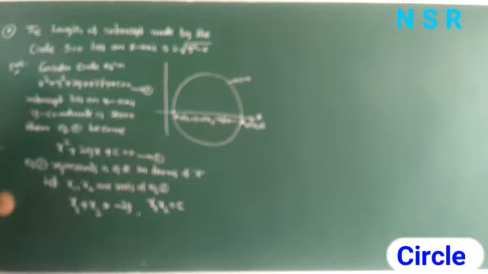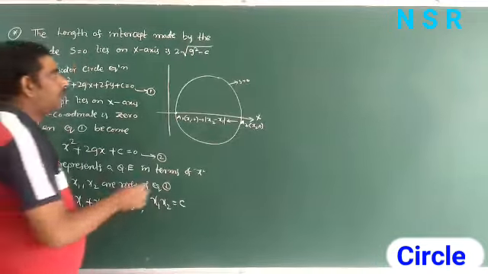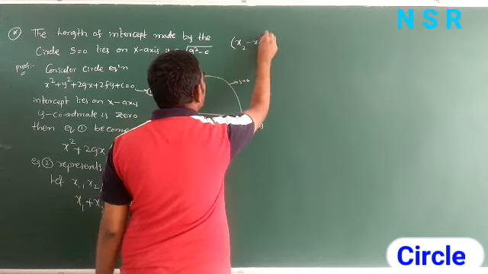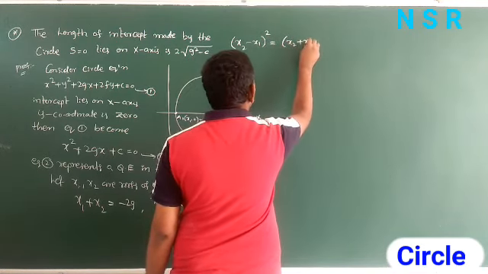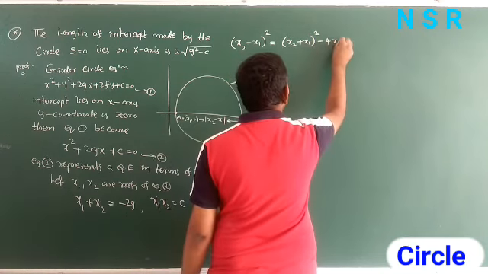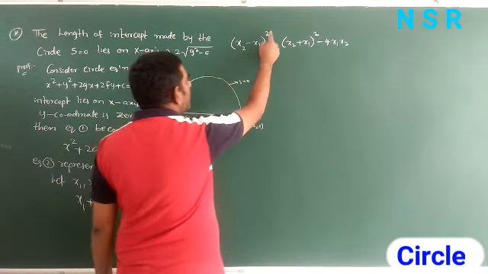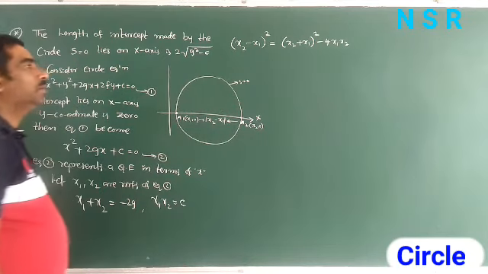Now we have to find x2 minus x1. Here we have x1 plus x2 and x1 x2. We have the formula for a minus b whole square in terms of a plus b whole square: a minus b whole square is equal to a plus b whole square minus 4ab.